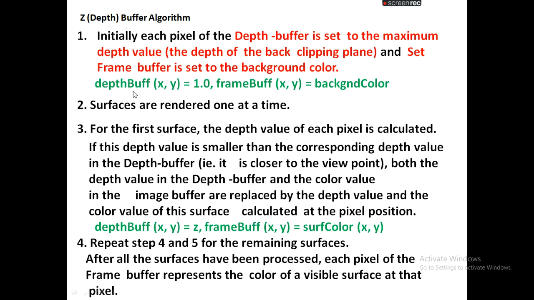When the processor wants to process surface 1, it will compare the depth value of every pixel of the first surface with the initial depth value of the depth buffer. With respect to our example, the depth value of the first surface is 0.1.